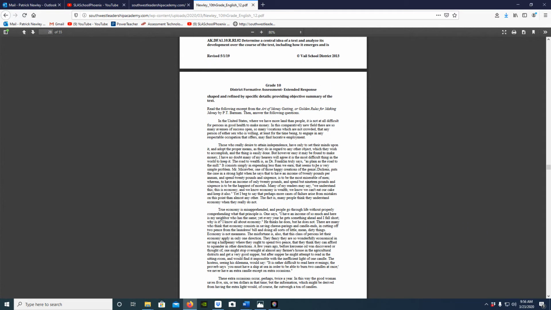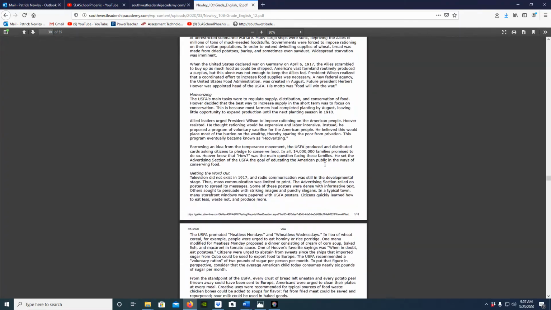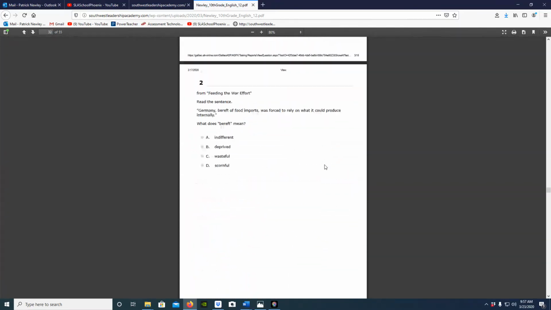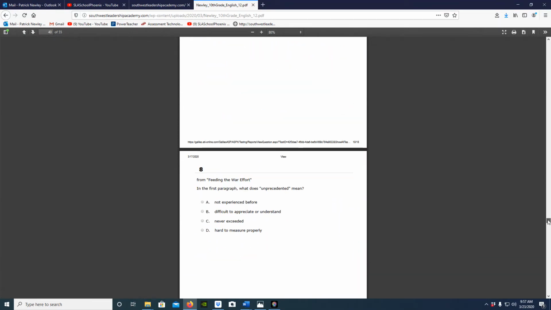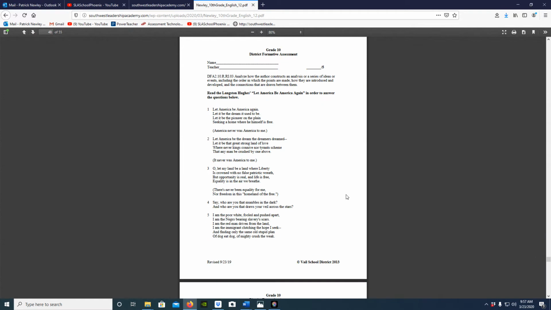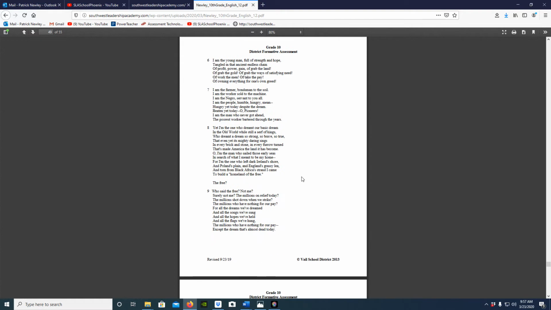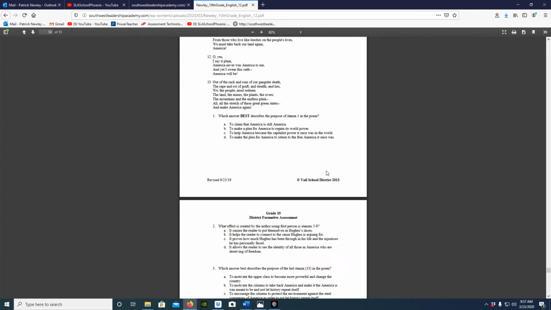And then I also have Feeding the War Effort, another standards-based assignment here for you to complete, and a formative that has to do with Let America Be America Again, a poem by Langston Hughes. So if you have any questions with the poem, I know sometimes they can be a bit complex, please email me and I will help you.